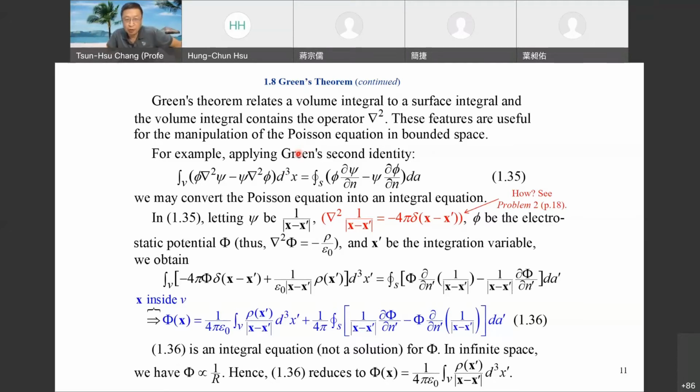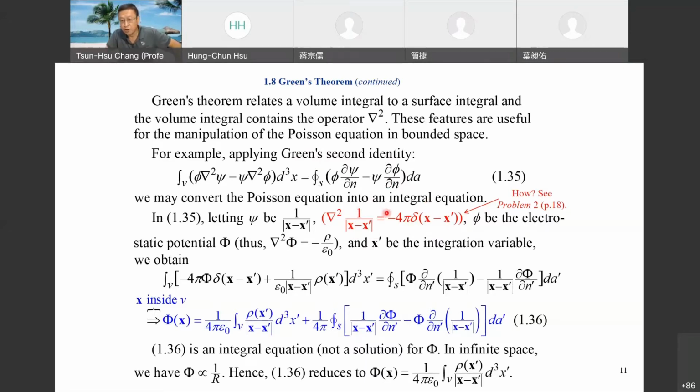Okay, how to apply the Green's second identity? I will show you, but here, just show you, in order to use the Green's theorem, we need to introduce a delta function. This is the Dirac delta function. Very useful and very important.